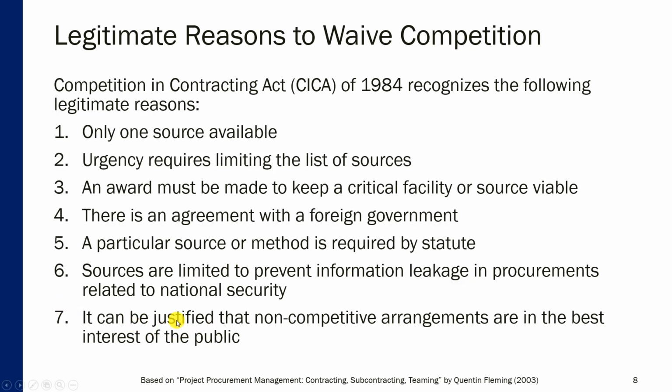Or overall, and this one is all-encompassing, it can be justified that somehow a non-competitive arrangement is in the best interest of the public. Again, it can be something related to community building, corporate social responsibility, something that gives greater benefit to the society, and something that can be justified from an economic or social welfare perspective.